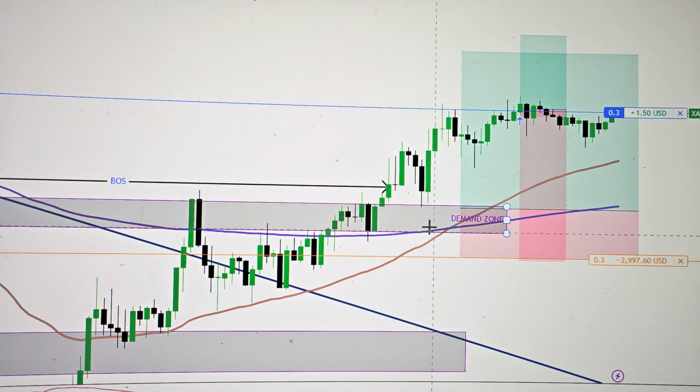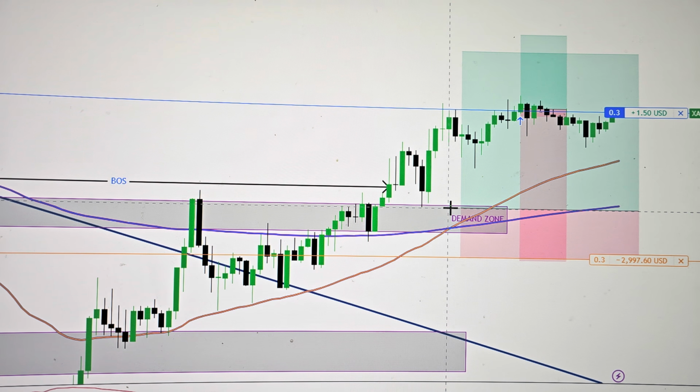Because when we had a buy limit order, we had it on the beginning of where the long position is. So we were maybe one tick away from getting into the trade. We did not get tapped into the trade. We were one tick away from getting tapped into this trade this morning.